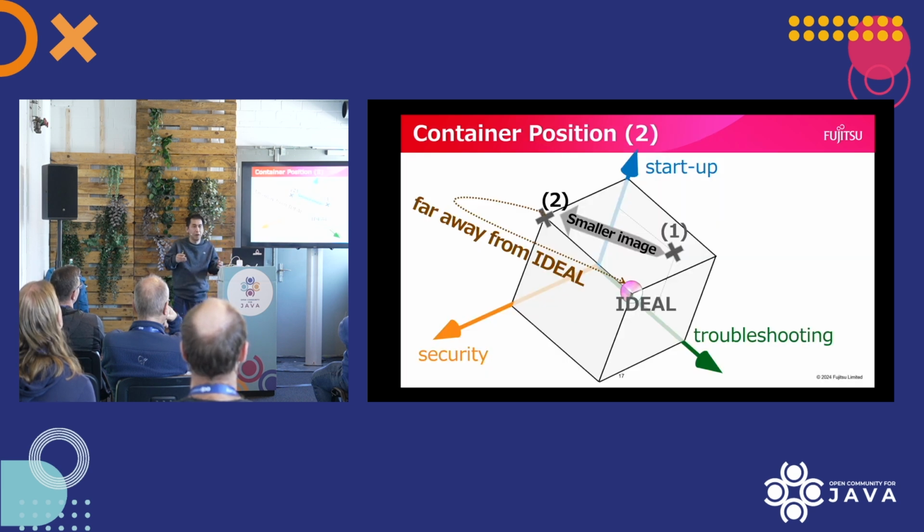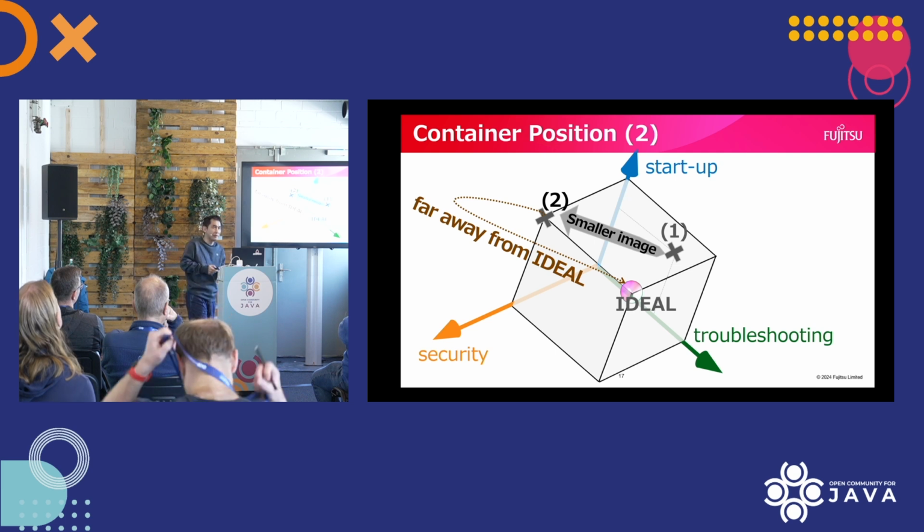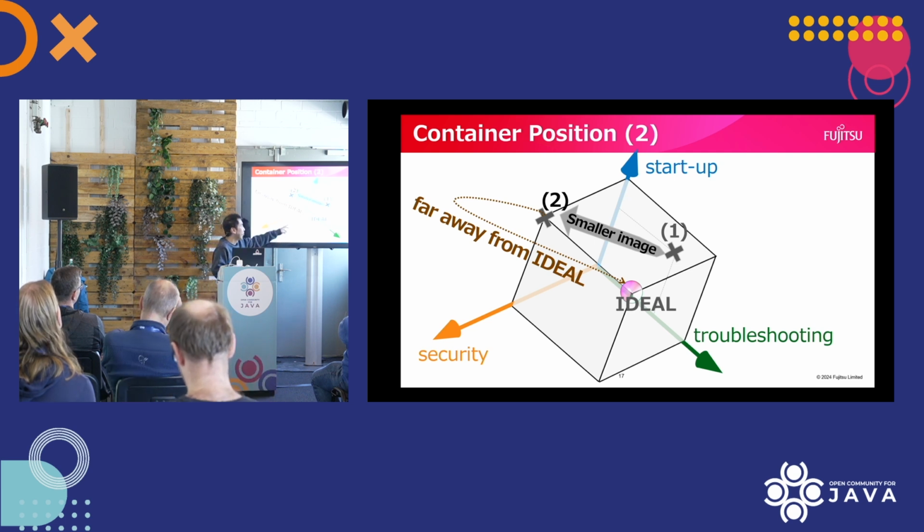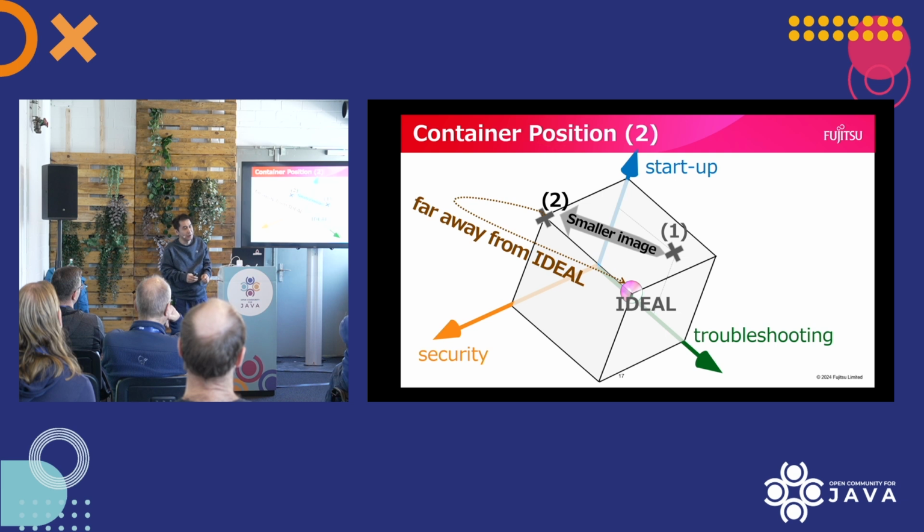So now we use smaller size image, and by using this image, we can move the container position from here to here. So by using a smaller size image, startup time and security are significantly improved.